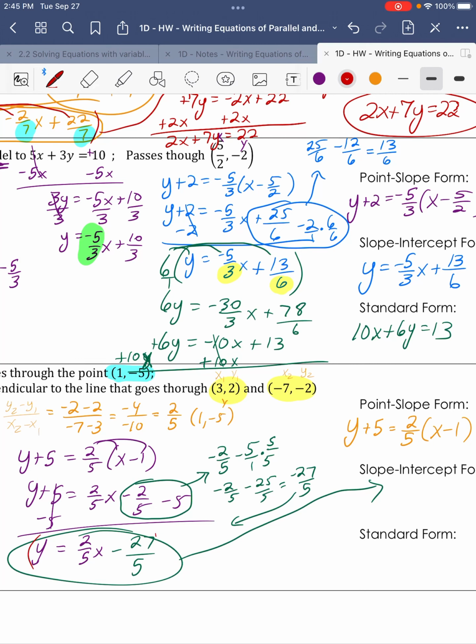So I'm going to multiply this times, look at my denominators, 5 and 5, so I'm going to multiply by 5 and distribute that in. So I get 5y equals 5 over 1 is 10 over 5x minus 5 times 27 is 135 over 5. Simplifying each fraction.